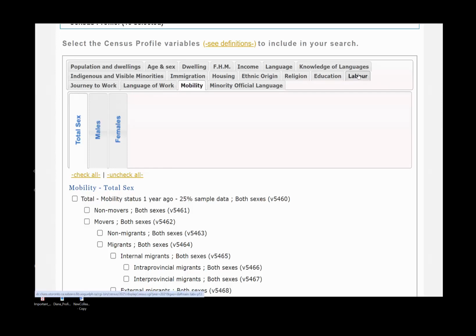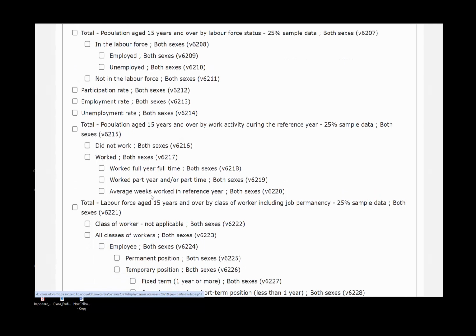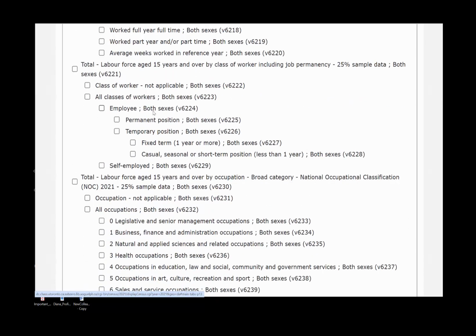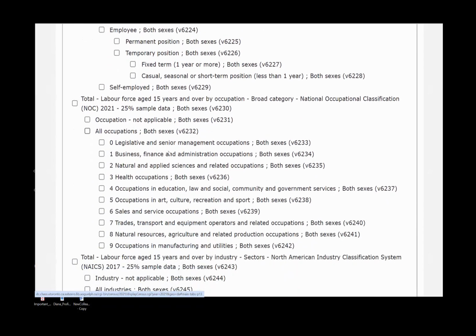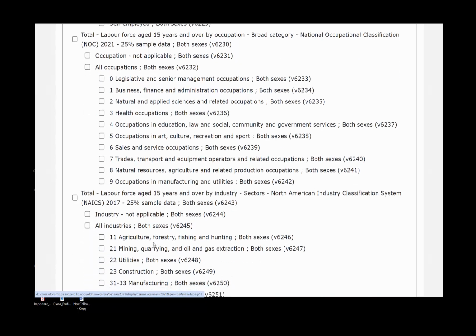Where is labor? This is employment. It will tell you whether it's employed or unemployed, working full-time or part-time, average number of weeks worked, different classes of worker. And then it has the National Occupation Classification. Which class of workers are you, or industry classification?